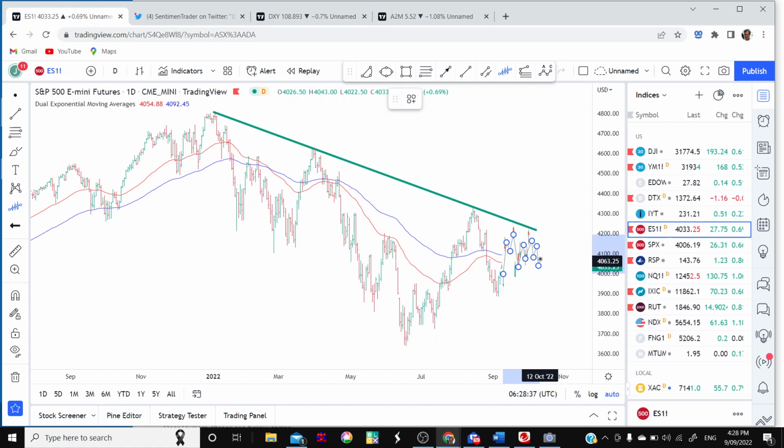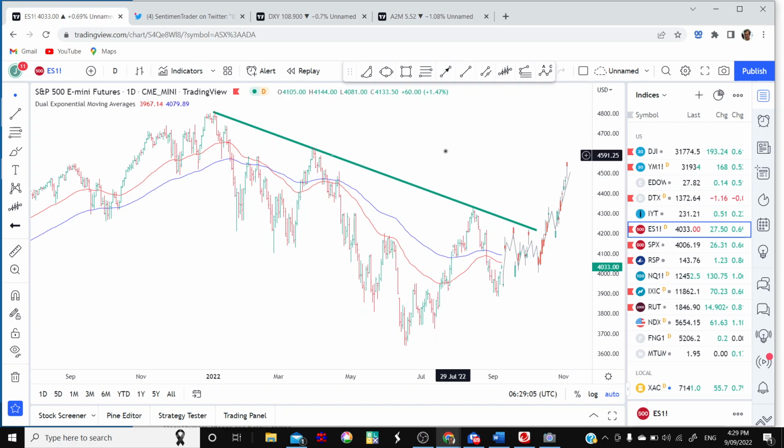But then that would open the door to a breakout above this trend line, which then puts another bullish sequence into play. So that would be a positive. That would be the positive sort of price action that we're looking for. And this is really where the buyers are coming in, actively buying this dip and setting the market up for potentially another advance.